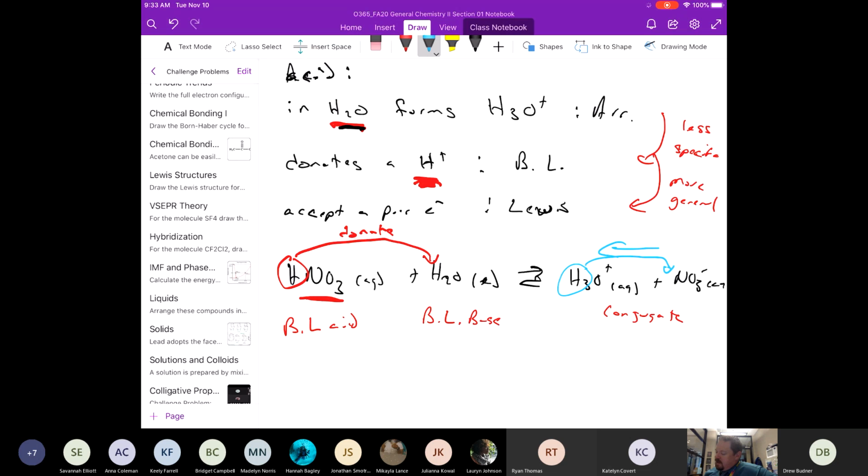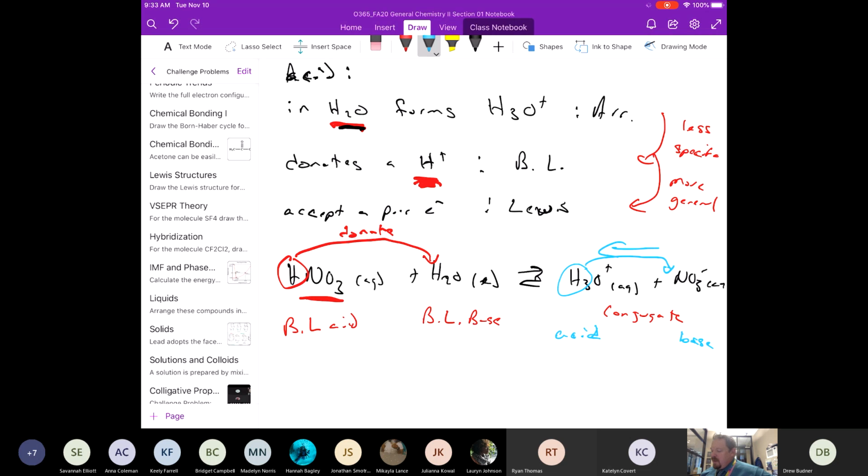So that makes this the conjugate acid and makes this one the conjugate base. That makes sense. So acid and base we define going in the direction as written. The conjugates we define in the reverse, and we just add the word conjugate in front. Okay, makes sense? Questions on that?